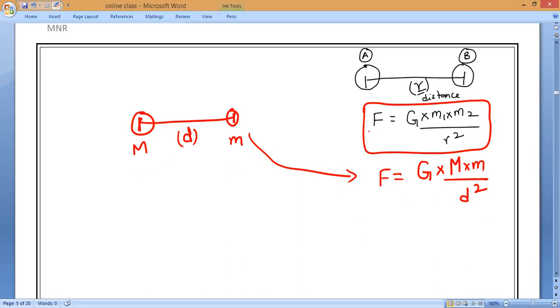So force F is the force of attraction. Another name for force of attraction is gravitational force. So the gravitational force between any two bodies is capital G into M1 into M2 divided by R square.